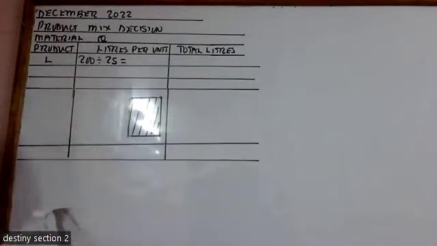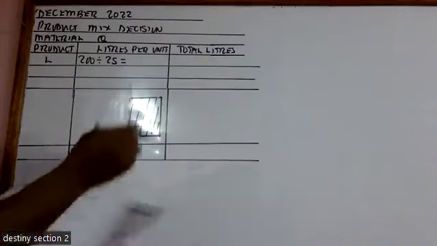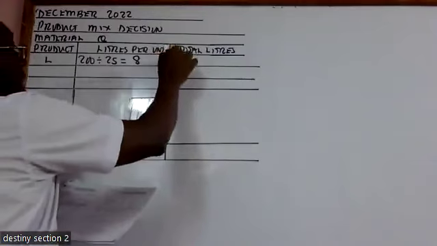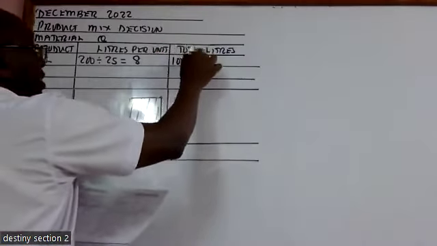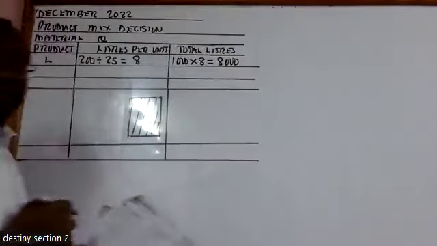So tell me 200 divided by 25 is how many liters? 8. Good. And if you look down at maximum sales demand, for L we require 1,000. So 1,000 times 8, that will be 8,000.